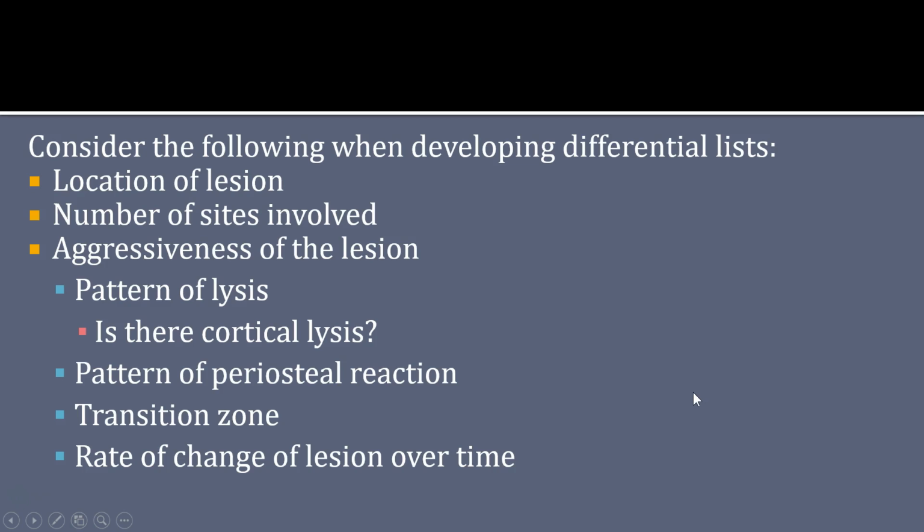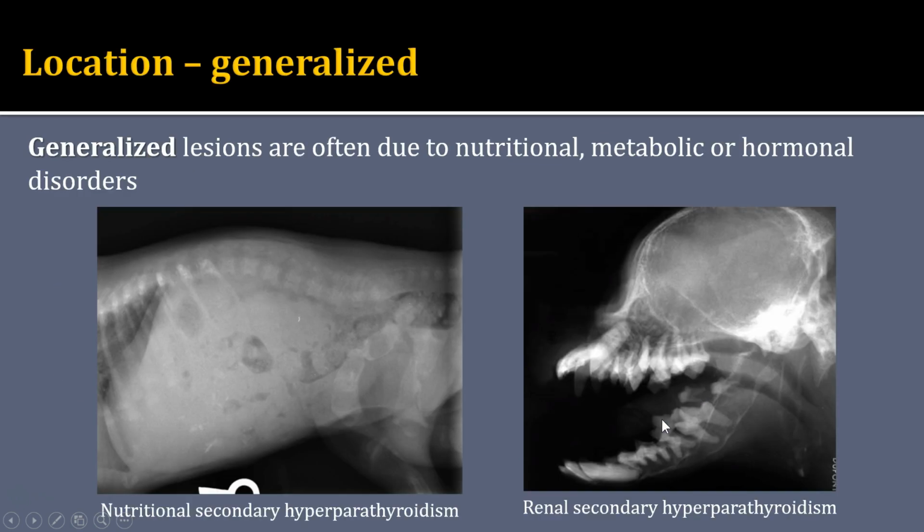And we're going to consider the pattern of lysis, and if there's cortical lysis, the pattern of periosteal reaction. We're also going to look at something called the transition zone, and then if we have more than one time point, we might be able to also look at the rate of change. So let's talk about these varying components to help us when we're developing our differential list.